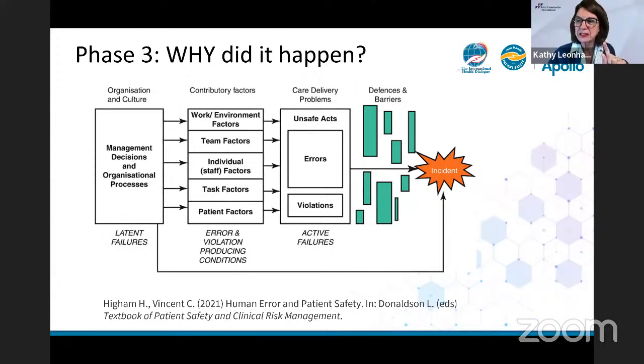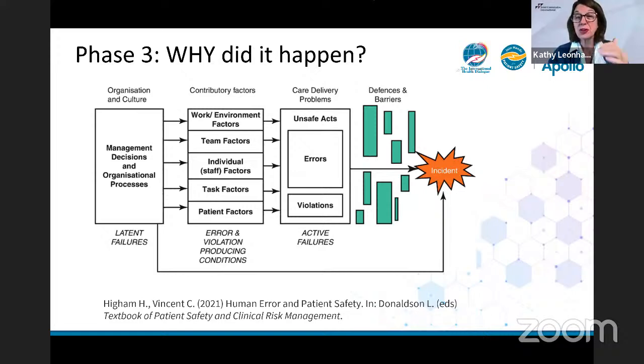Some of us have been trained in the concept of just culture, where we think about the 3 types of behaviors or performance in our job that describe the type of errors that humans make.